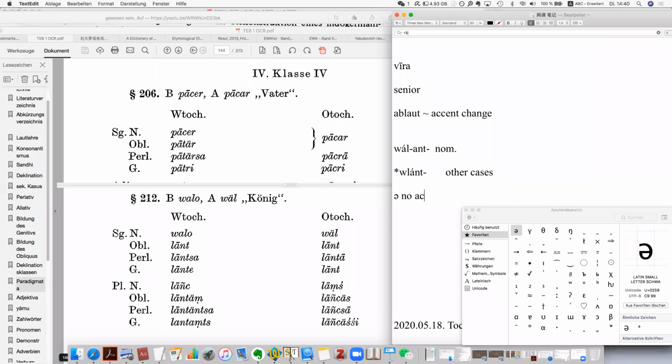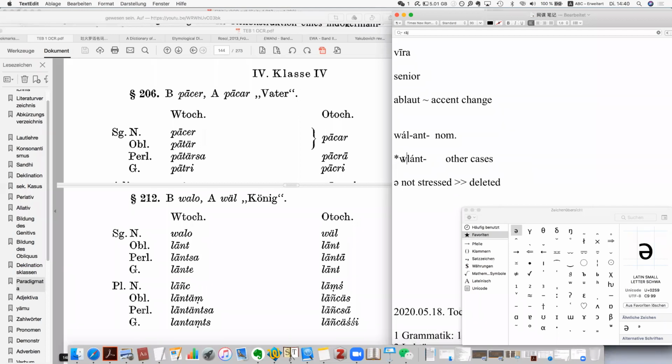No accent or not stressed, and then deleted. And then you see double consonants at the beginning are not allowed. So they are simplified. This is actually the logic.